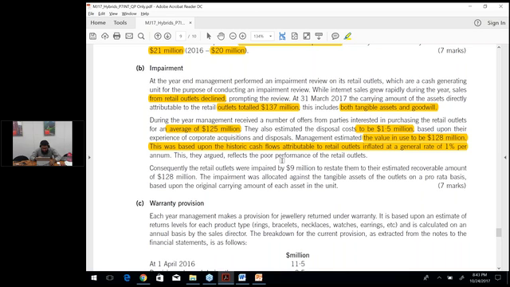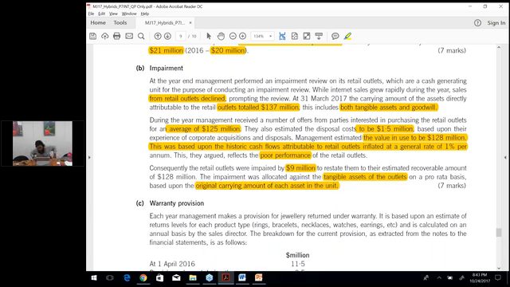This, they argued, reflects the poor performance of the retail outlets. Consequently, retail outlets were impaired by $9 million to restate them to their estimated recoverable amount. Impairment was allocated against the tangible assets of the outlets on a pro rata basis based upon the original carrying amount of each unit of the asset.